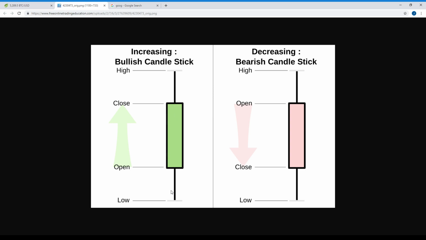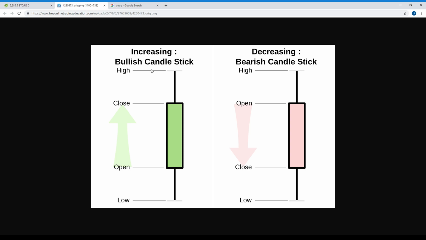So it went from 5 down to 4. That means the low was 4. But from there it bounced up and went all the way up to, let's say, 7. But then it ended the day, went down a little, and ended up at 6. So now we have 5 was the open, 6 was the close, 7 was the high, and 4 was the low. So it gives you all those price points.